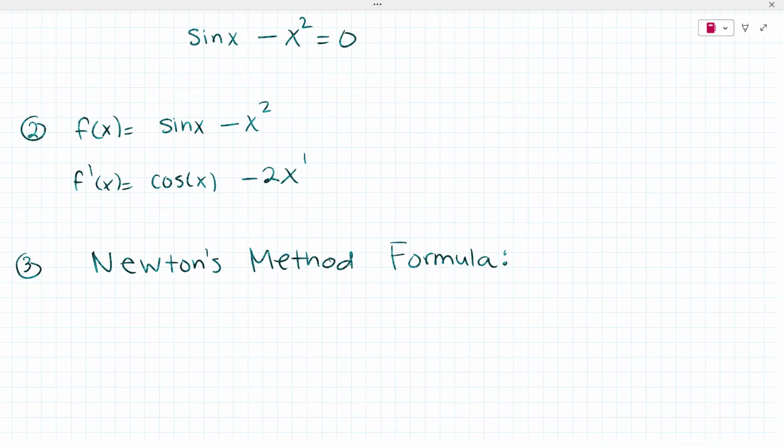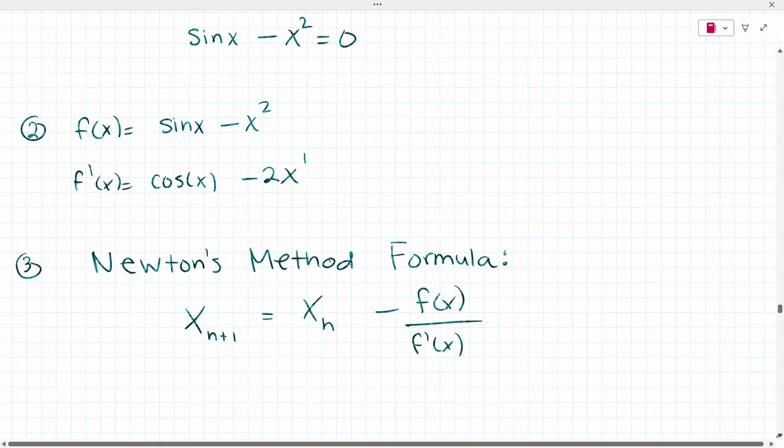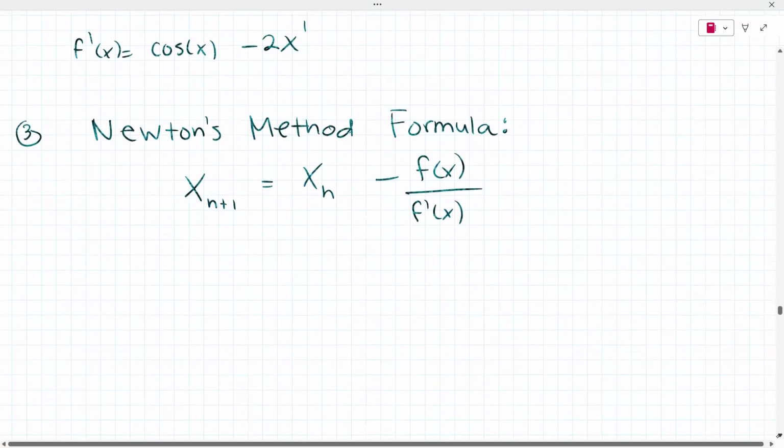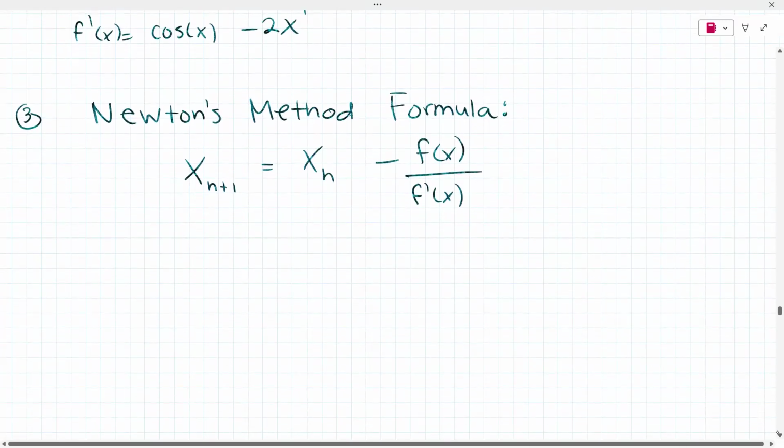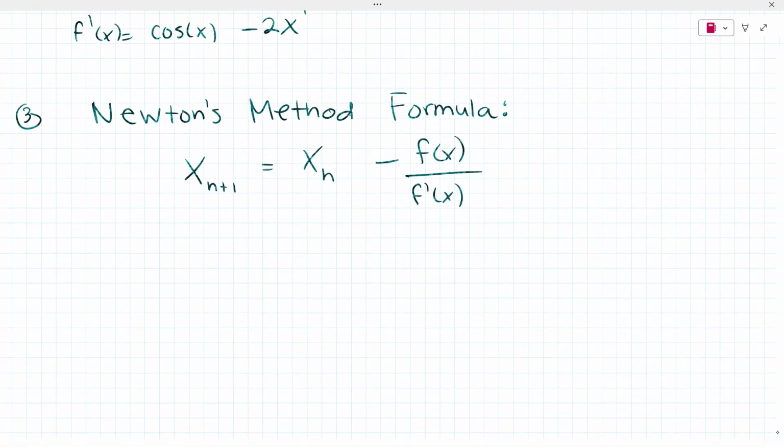So what is Newton's method formula? It is x subscript n plus 1 equals xn minus f of x over f prime of x. Do we have our f of x and our f prime?